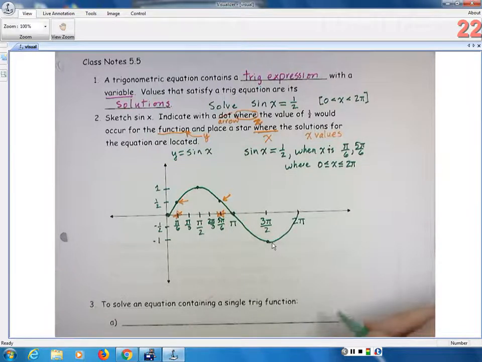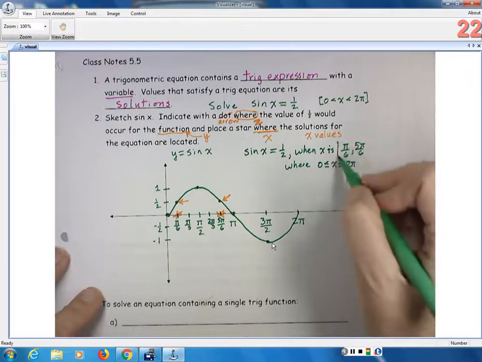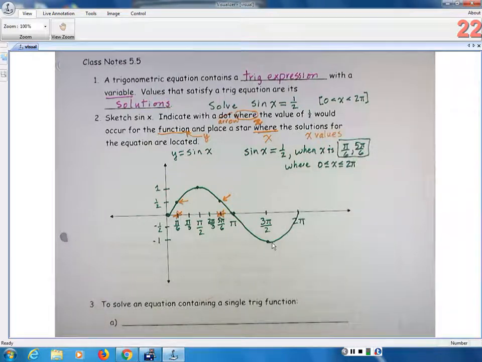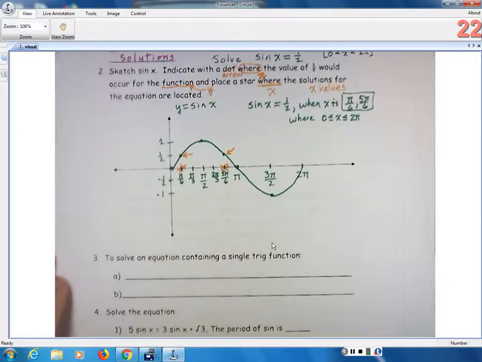So there are our solutions, and we found them graphically. On a previous test, I had a problem just like that. You were supposed to solve graphically. Now I know you could figure it out from the unit circle, but I'm asking you to solve it graphically, so you have to do it this way. And you just show this kind of work that I showed.